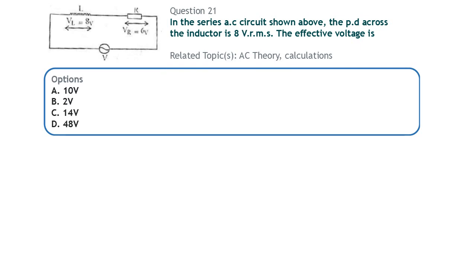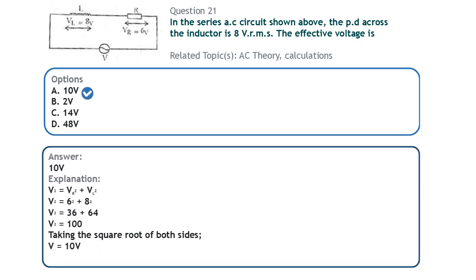Alright, first question here. In the series AC circuit shown above, the potential difference across the inductor is V. The effective voltage is... Since we have in this circuit only a resistor and an inductor, the effective voltage V is going to be V squared equals the voltage across the resistor squared plus the voltage across the inductor squared.